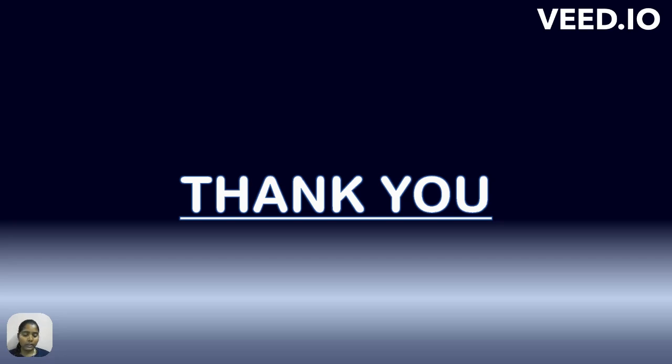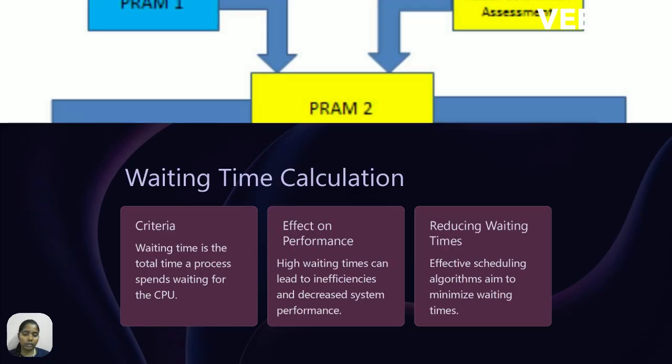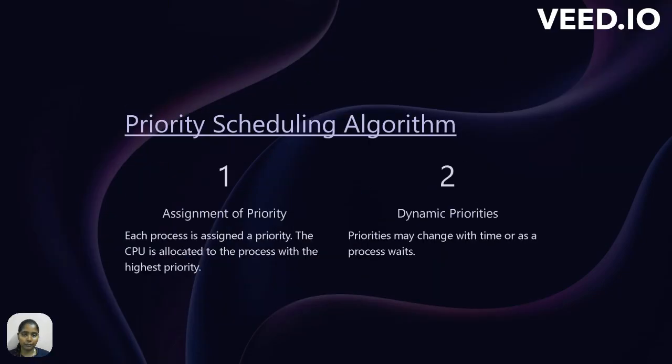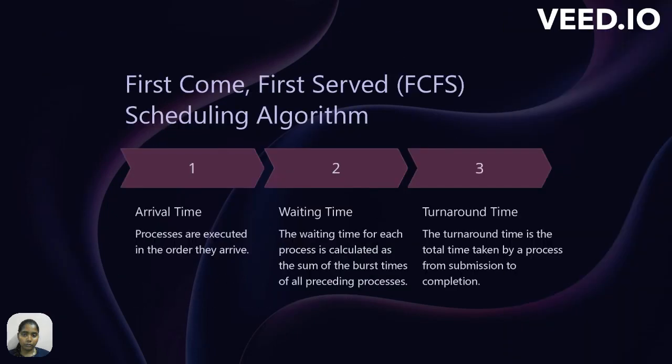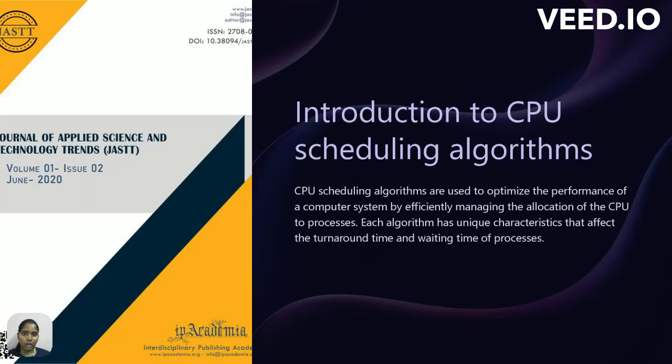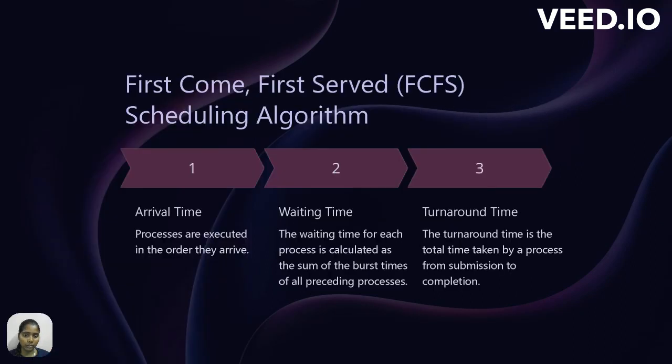Thank you. Let us see the slides we have discussed till now. The topic is CPU scheduling algorithm, and we learned about the introduction to CPU scheduling algorithm and the description of that.